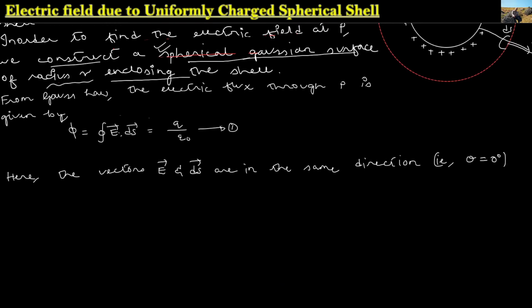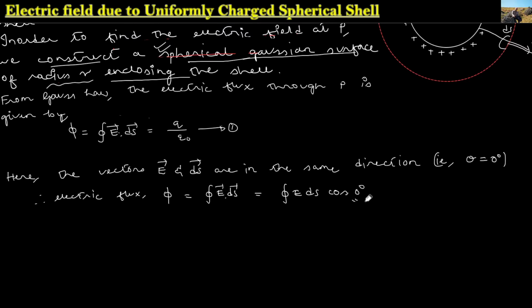So it follows that the electric flux, denoted by phi, which is the surface integral of E and ds, will be equal to closed integration of E ds cos of 0 degree.